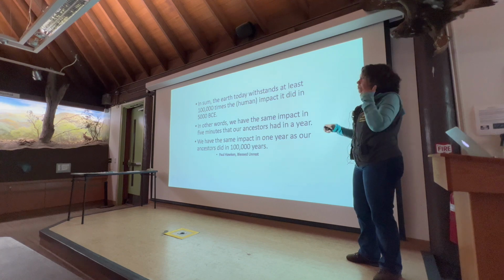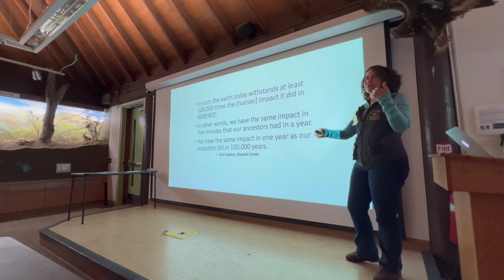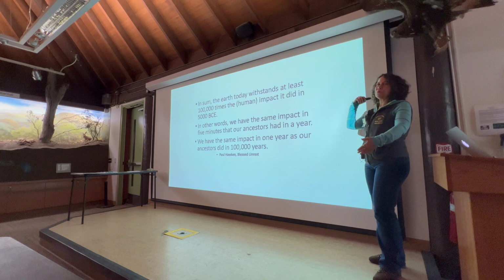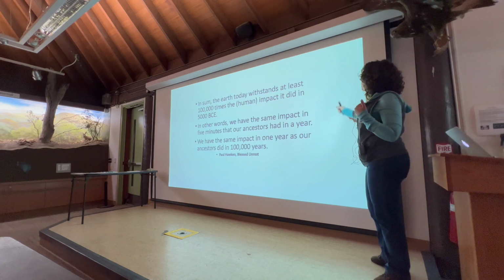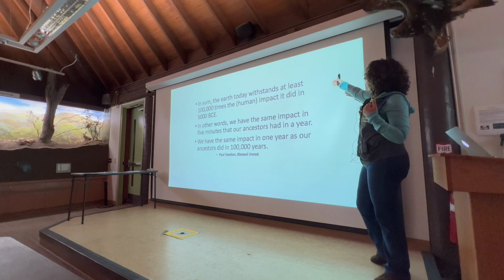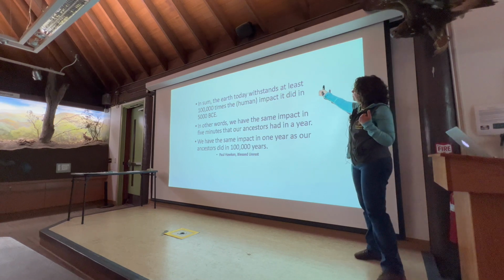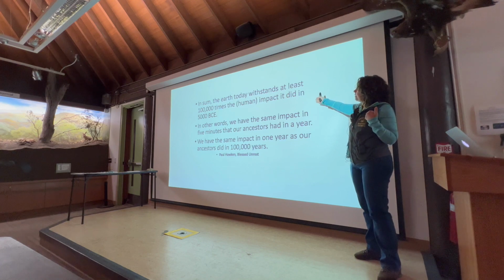So turning that around, from the number of humans to the effect of humans, the Earth today withstands at least 100,000 times the human impact on it as it did 5,000 years before the current era, just because of the change in the number of people, right?